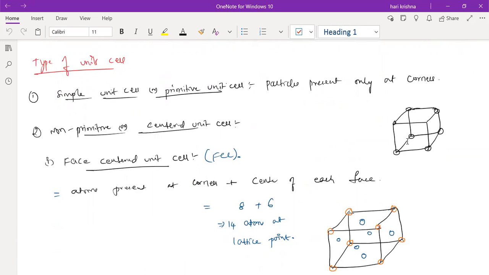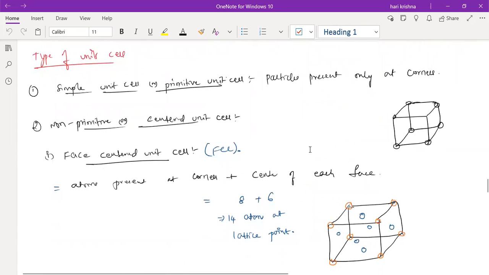So when you come to the centered unit cell, in total we have 3 types or 4 types. Any one of you can tell me how many types of centered unit cells are there? Face centered, body centered. Next, edge centered, end centered. So face centered means what? Extra particles will be in a shell.